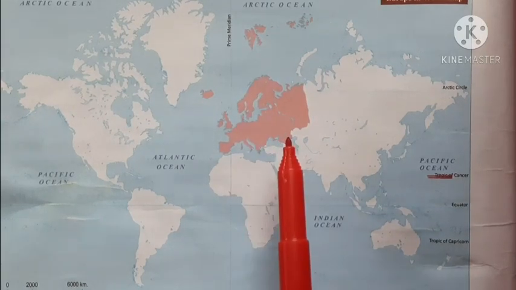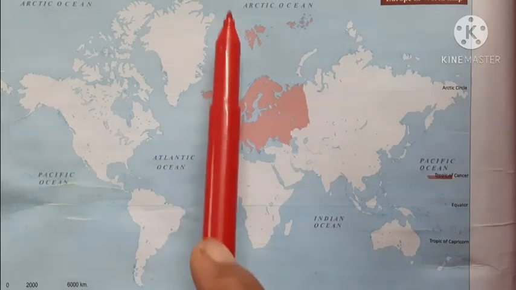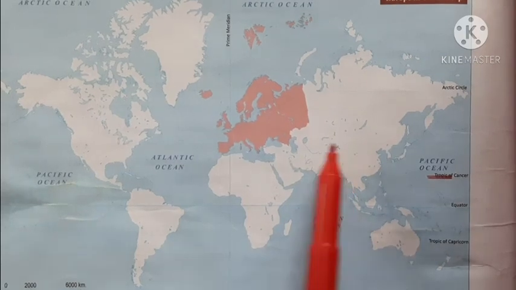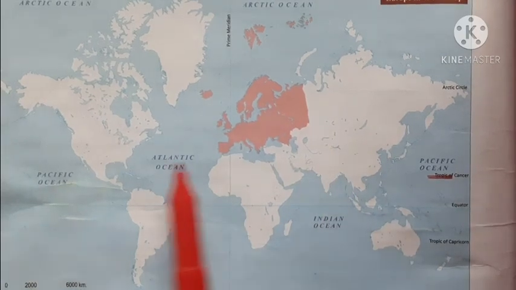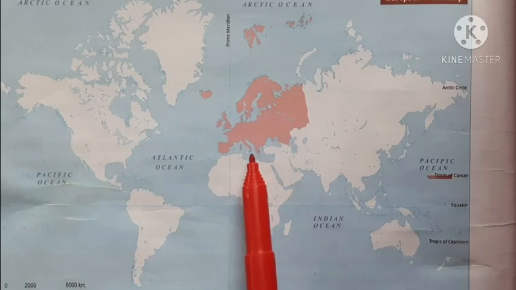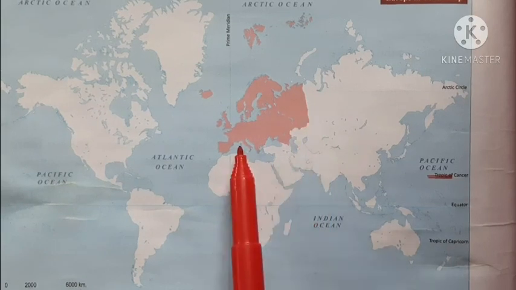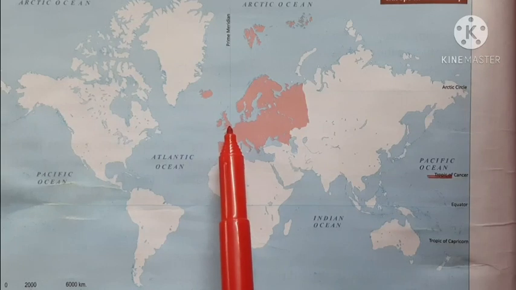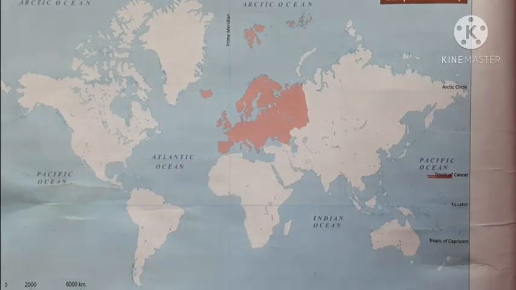Then what about longitude? So you can see the prime meridian, that is the most important meridian that divides the earth into eastern hemisphere and western hemisphere. Here you can find the continent lies in the eastern hemisphere. Major part lies in the eastern hemisphere, and this prime meridian passes through Greenwich near London.